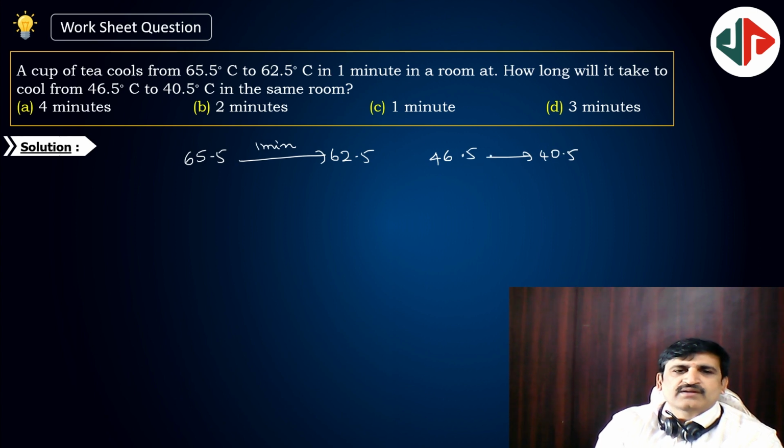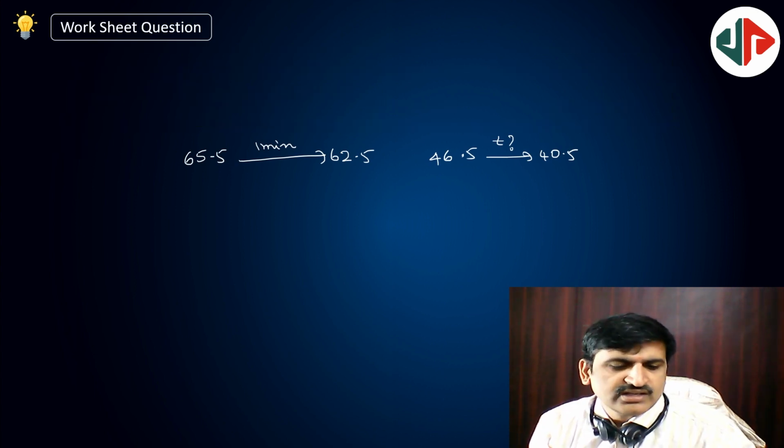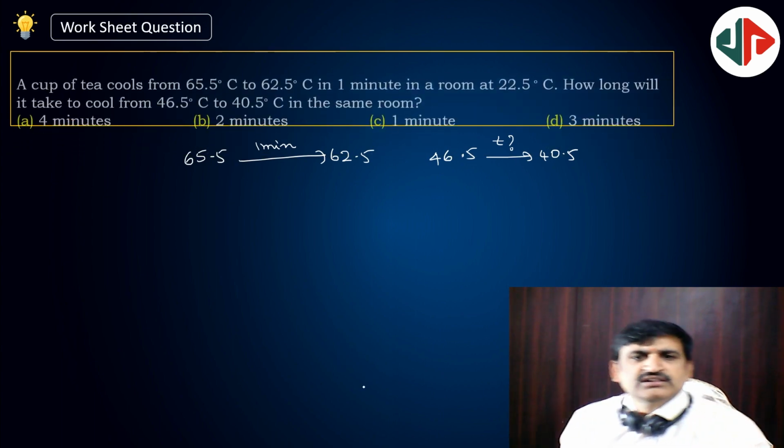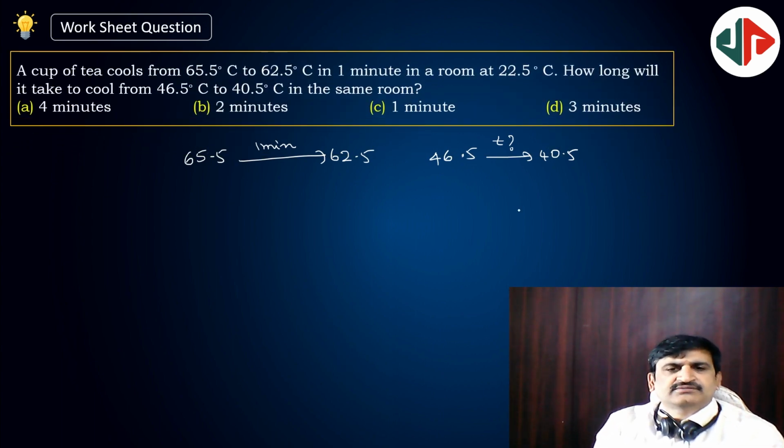Room temperature is missing, I think. I need to find it. I have taken the room temperature value. Now we can go. 22.5 degrees. So theta naught is equal to 22.5 degrees Celsius.